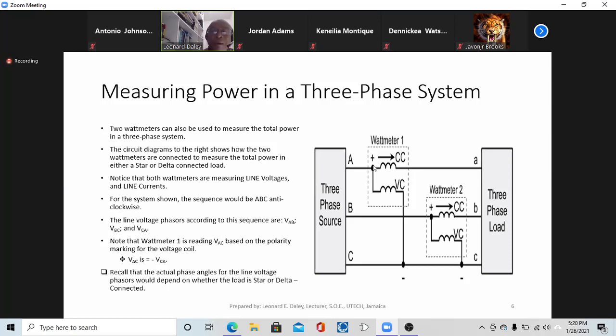All right, so I had pointed out that watt meter 1 was reading VAC, but if you remember the sequence that we have been operating with, we have been using red, yellow, blue, but it's the same as ABC. The Americans use the ABC sequence, and the British use the red, yellow, blue.